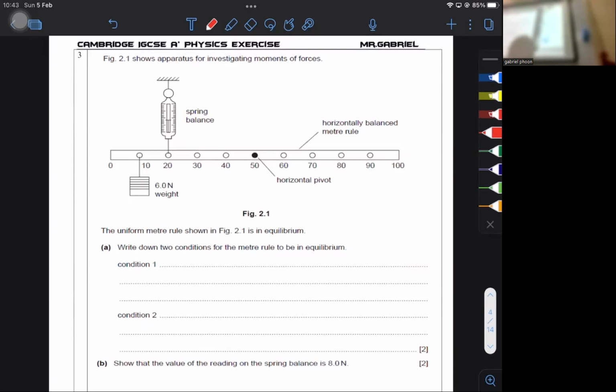Let's see how many of my students can work out. What did I say are the 2 conditions for it to be integral? Oh, okay.